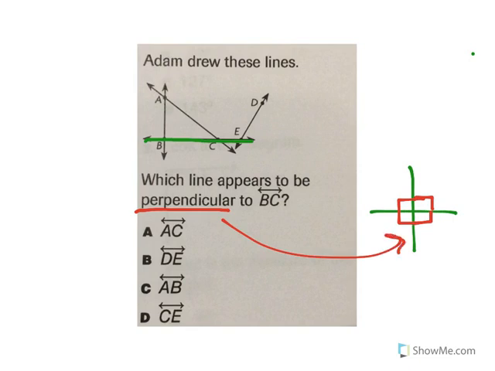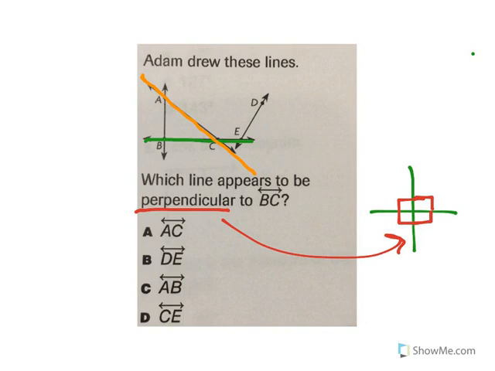So I'm looking for a line that is perpendicular. Well, if I start with line AC, that line is going to intersect, but I can't draw a perfect square. So it's just going to be an intersecting line, so that can't be it.